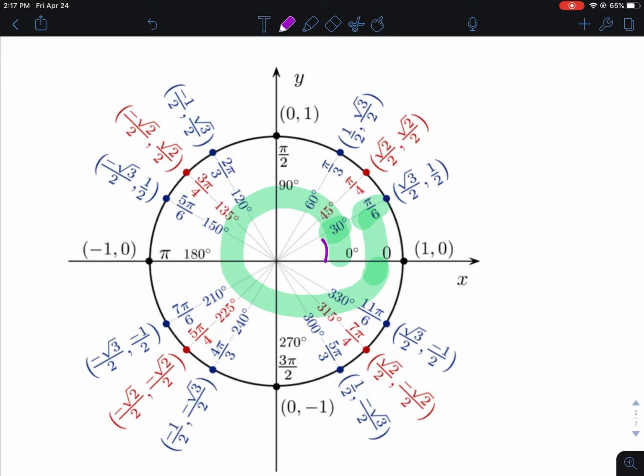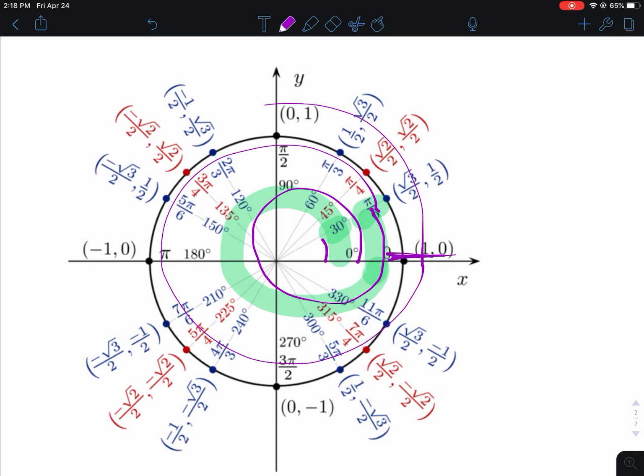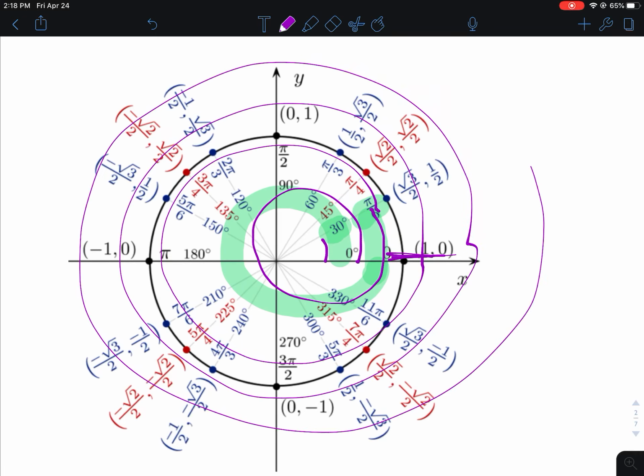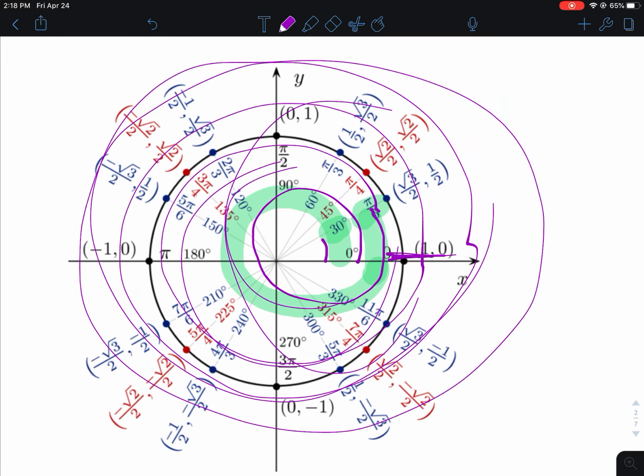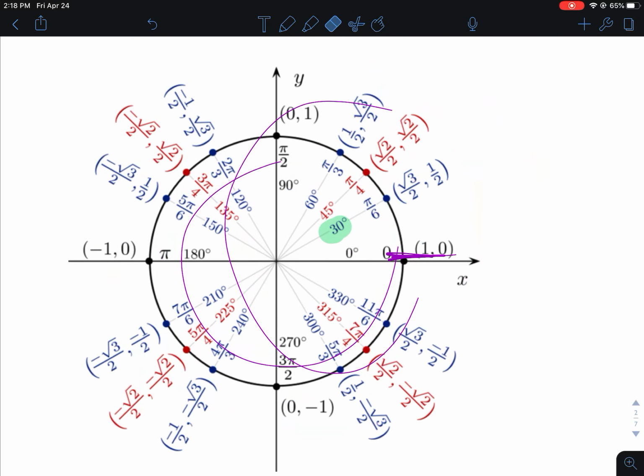So 0 to 30 or 0 to 390, those have the same values. This function starts to repeat, and therefore it has cycles. We call it periodic, right? Every time we get to 360 degrees, we get to repeat and repeat and repeat. And you can do this infinitely. But that is the idea of a periodic function, is that it starts to repeat.